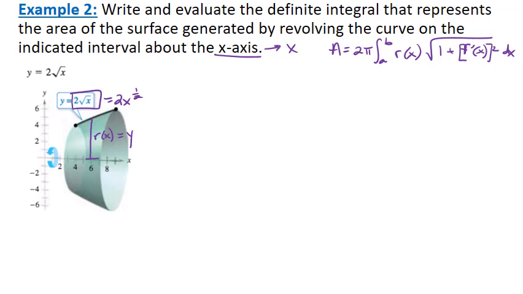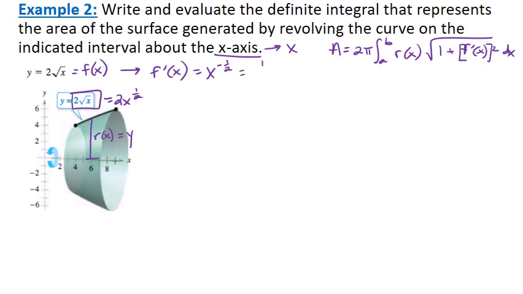Now, we also need to find f prime of x, and we know that y is this, so this is the same thing as saying f of x. So that means that f prime of x is equal to, I take the 1/2 down, multiply it by 2, and subtract 1, so that's x to the negative 1/2 power.